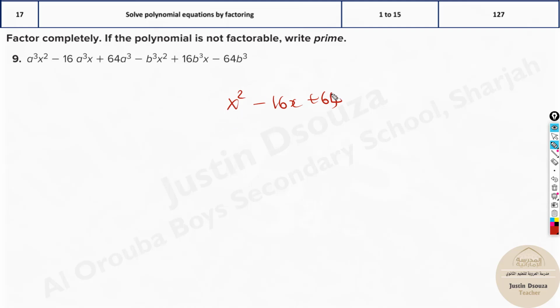How we do it is this entire term, whatever is this, we just write it as x, this sign as it is. Now this term will be divided by 2. 16 divided by 2 is 8, the whole square. And whatever is this over here, this number, doesn't matter plus or minus, just subtract 8 square. And what is remaining here? Plus 64. So this much is basically this much.